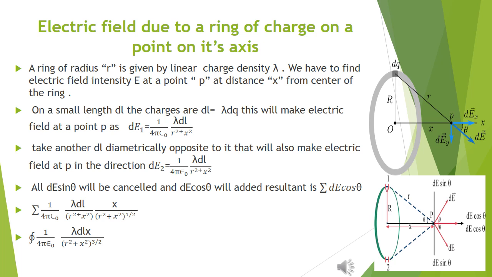So if we combine and calculate this, we are left with the value of electric field which is summation 1 upon 4 pi epsilon naught lambda dl x upon r square plus x square to the power 3 by 2. If dl approaches 0 and we add all the dl, then in a closed integral for the whole circle of the ring it is 1 upon 4 pi epsilon naught lambda dl x upon r square plus x square to the power 3 by 2.